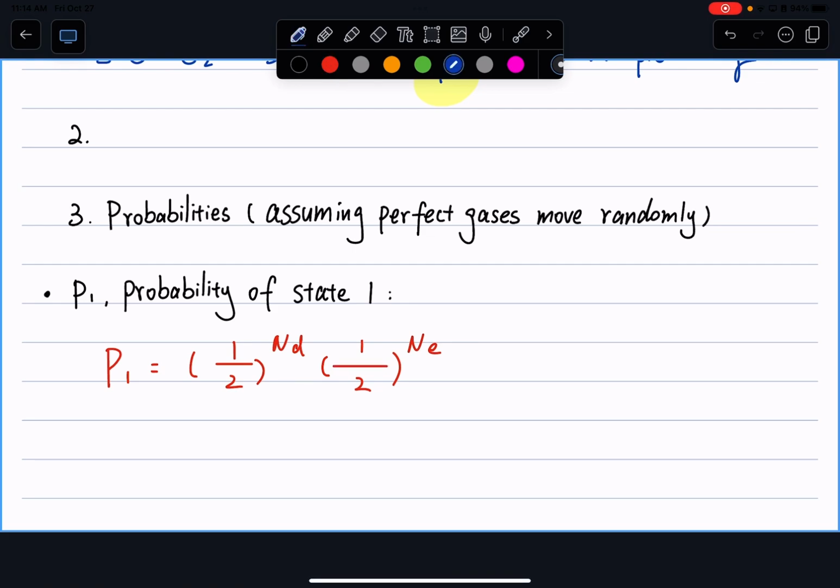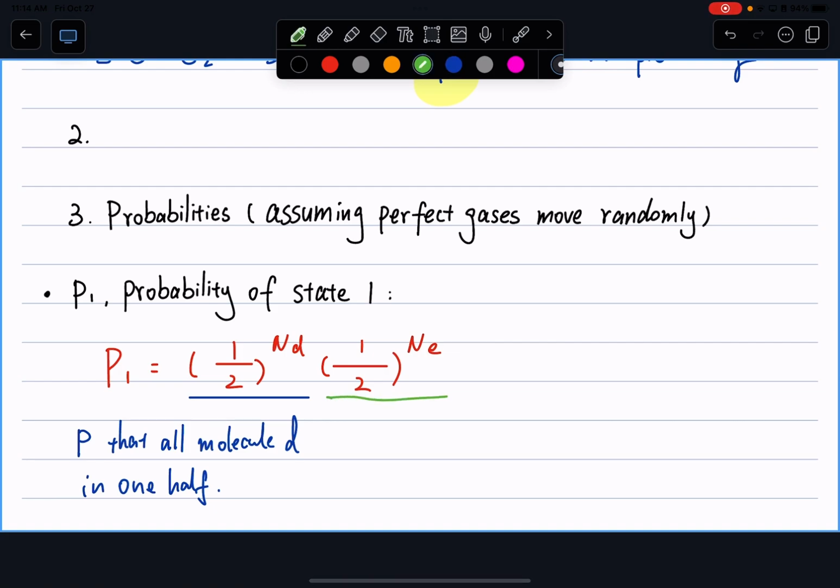All right, so what do these terms mean? The first one is the probability that all D molecules are in one half. And this one is the probability that all E molecules are in the other half.